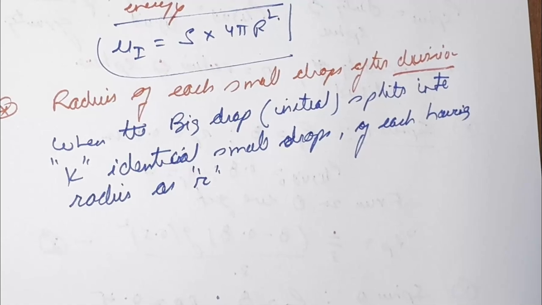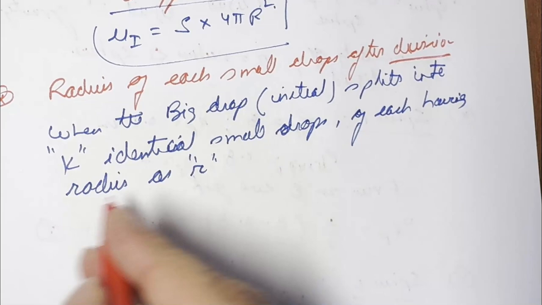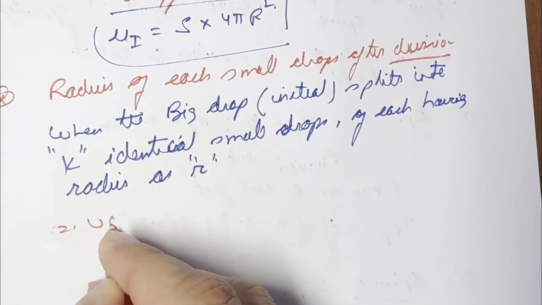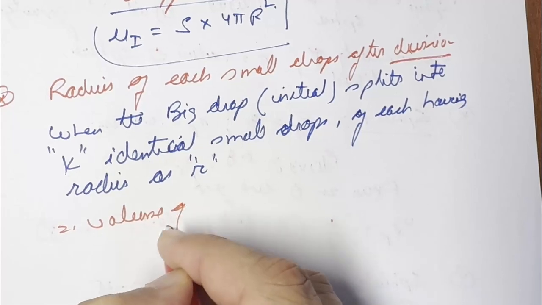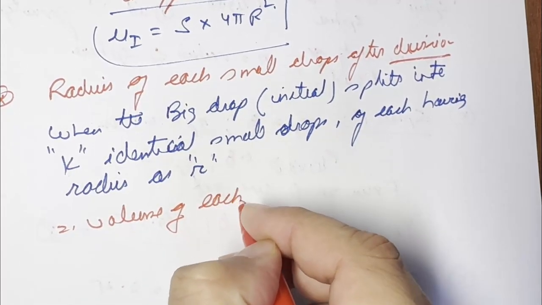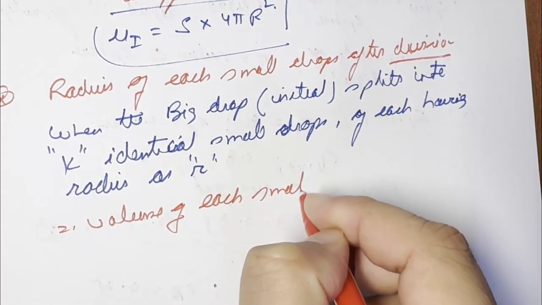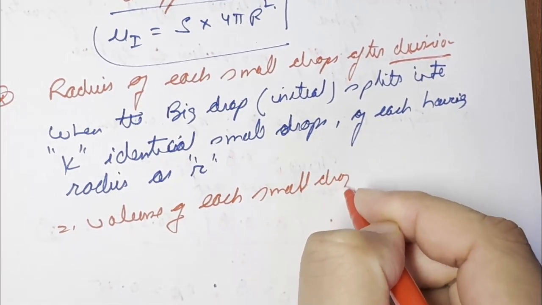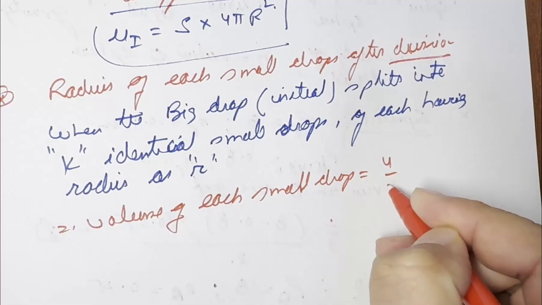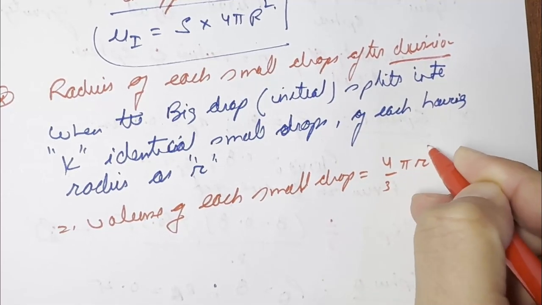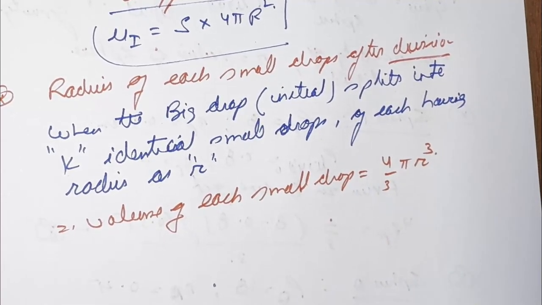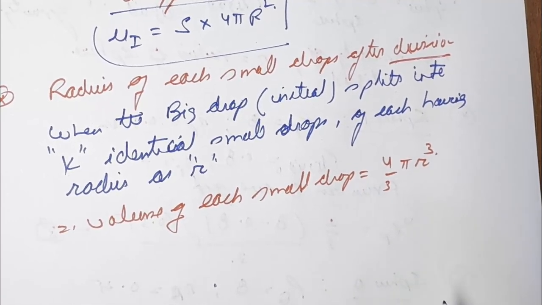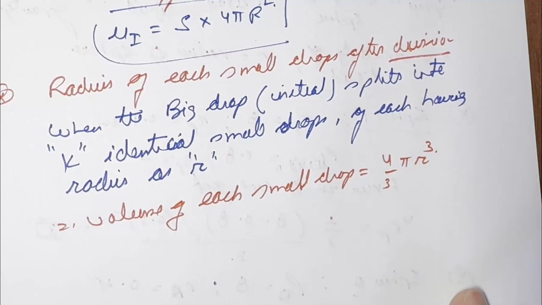we can write that the volume of each small drop will be equal to 4 by 3 pi r cube, and we have k small drops.